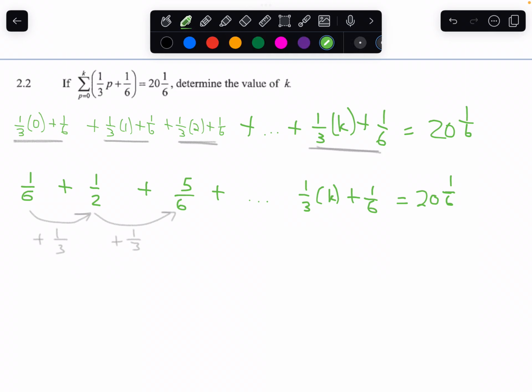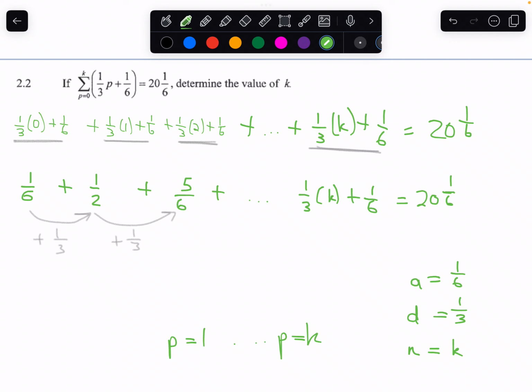So it is an arithmetic series where the first term is a sixth and the common difference is a third. The number of terms in the series, I was about to say it's k, but we need to be careful. We always need to think about where we started counting. If we had started counting at p equal to 1 and counted up until p equal to k, then yes, that would be k terms.